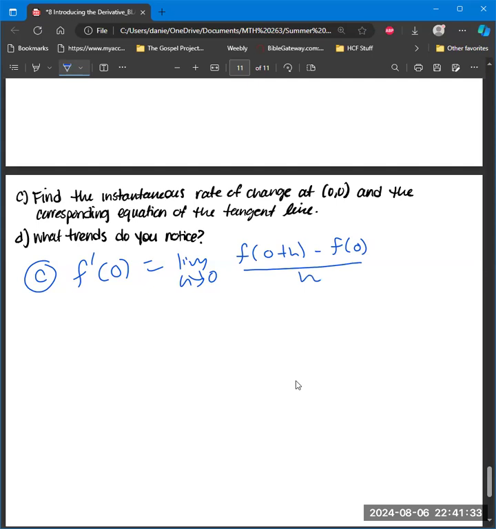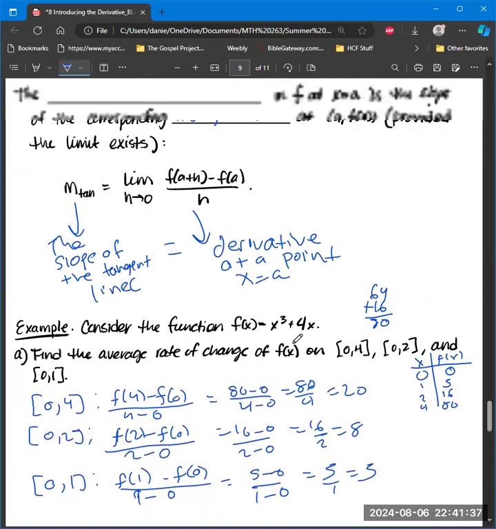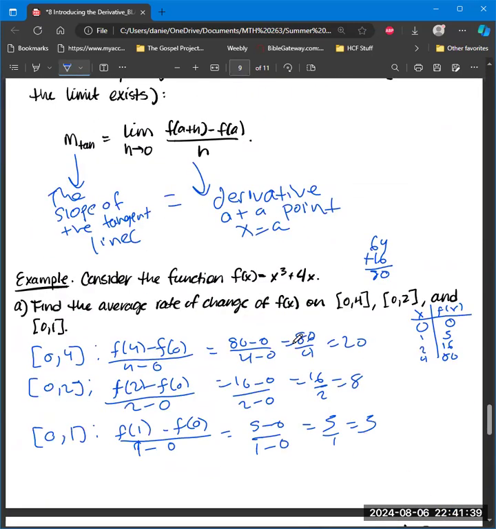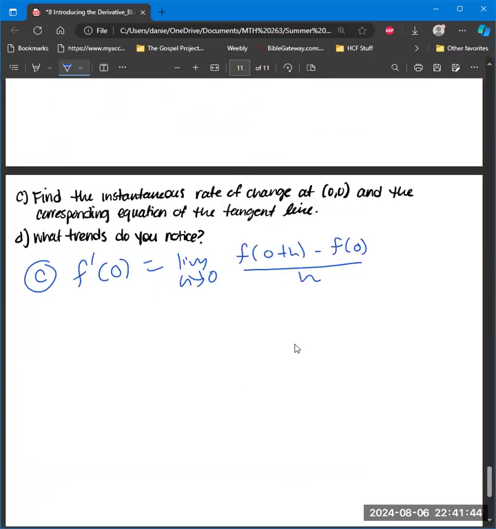So f of h is going to be h cubed plus 4h, minus 0, over h.